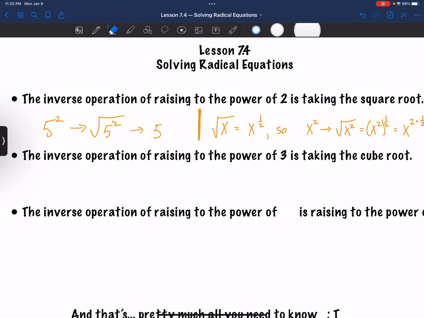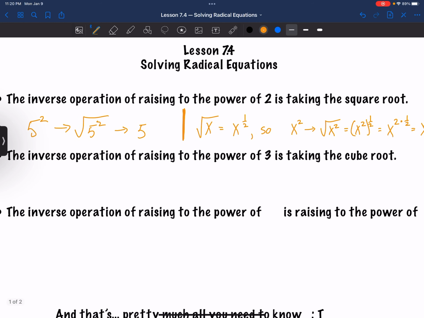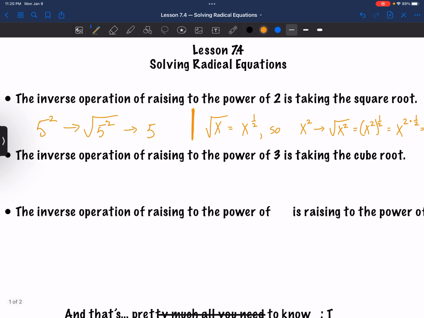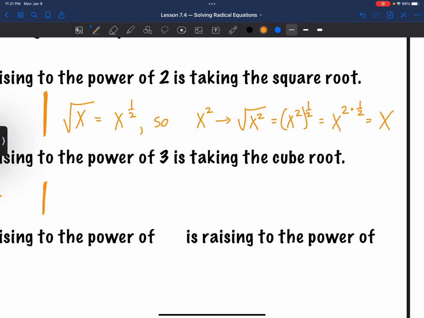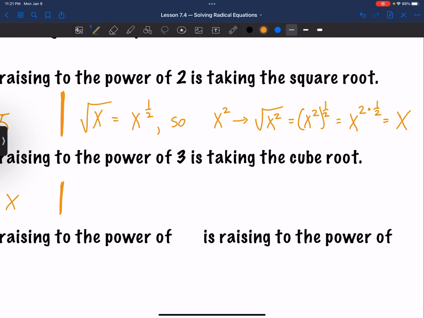Let's take a look at cubes. The inverse operation of raising to the power of 3 is taking the cube root. So if I have x cubed, and I wanted to isolate x, then I could take the cube root of x cubed, and that would give me x. Similarly, I'm going to do the same exact thing as above.